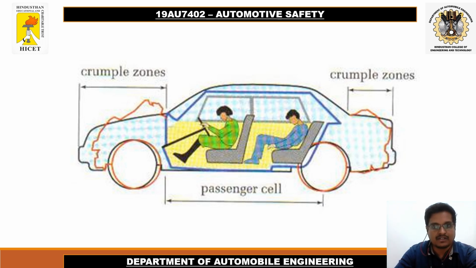Here you can see the vehicle is designed in such a way that if a vehicle is collided, the metal or the part in the crumble zone is crumbled so that it will absorb the energy. It will not transfer that energy, especially the kinetic energy, to the passenger cell. So in that way, it safeguards the safety of passengers.